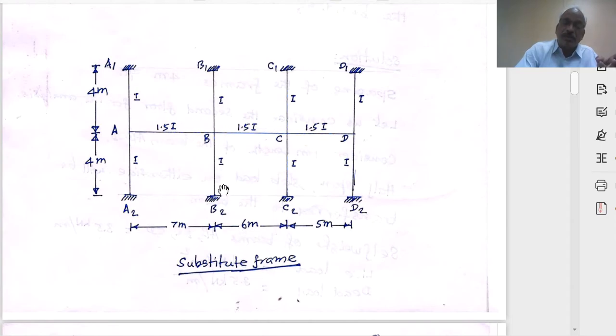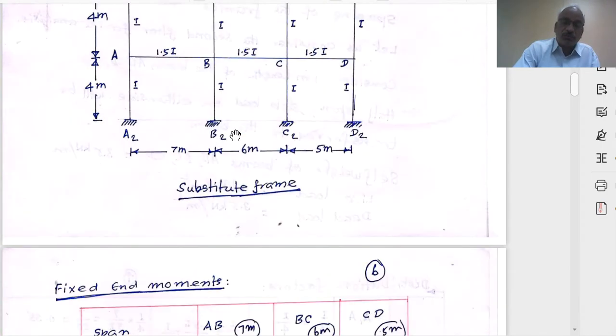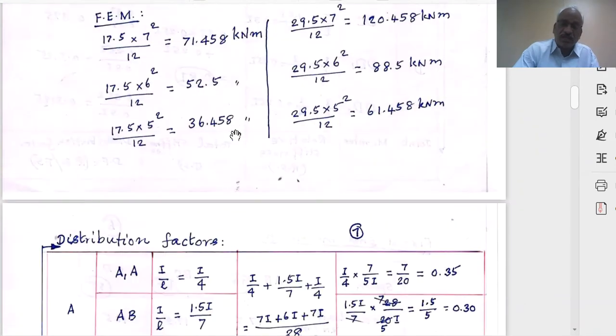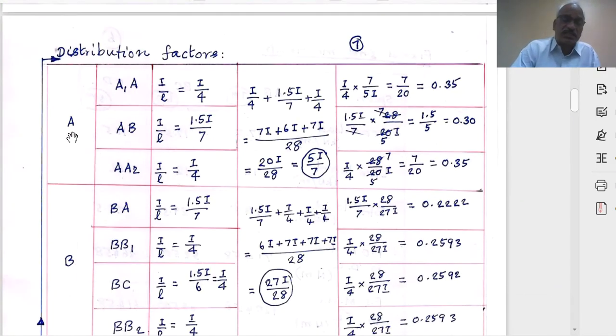For member BB2 it is I by 4 meters. We have to find out the sum of the relative stiffness values, the 4 values here, or 3 values at A. Then the relative stiffness of that member divided by the sum of the stiffness will give the distribution factor. That we have learnt in the moment distribution method. With this introduction, I will not come back to this figure again. I think the viewers can easily remember. Yes, this is at joint A.